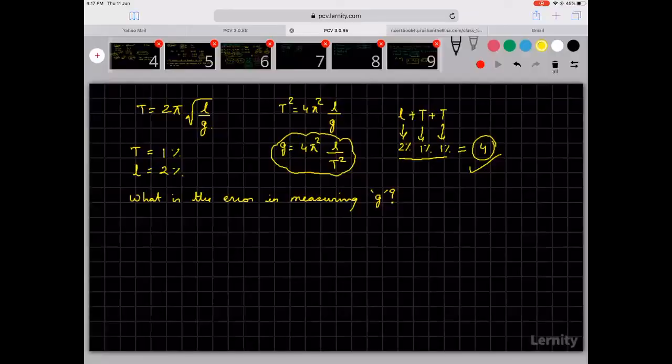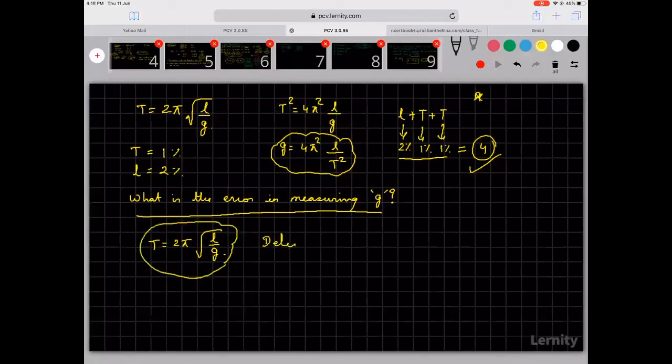Those of you who didn't understand, I will tell you again. Time period is equal to 2 pi root over of L by G. Now it is an experiment designed to determine G. That is why I am asking you what is the error in measuring G. If it's an experiment to determine G, you have to get your formula for G, not the formula for T. So to get the formula for G, first I square it.